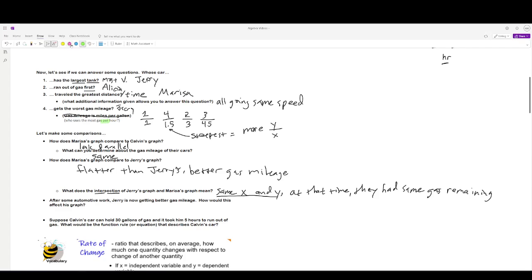So I took where I had X, and I said at that time, because time is X, and we took Y and said that's the amount of gas remaining, and then our comparison, they had the same amount.